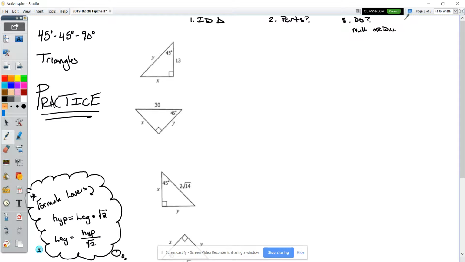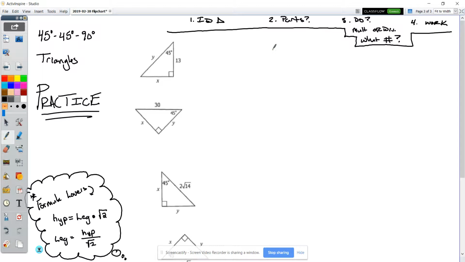And then I'm also going to figure out by what number. That's a hashtag for some of you, but that's for us older people. That's the symbol for number. So figure out what number, and then we're going to work it out, and that includes simplifying anything that needs simplified.